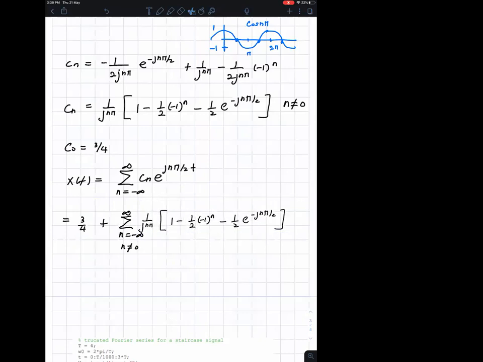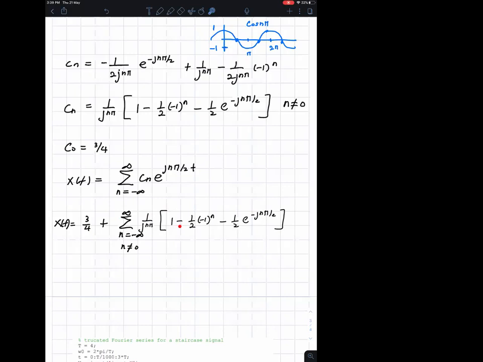So this is a complete complex exponential Fourier series. The complex exponential Fourier series has a DC part, and then it has the AC part, which is composed of the Fourier coefficients.